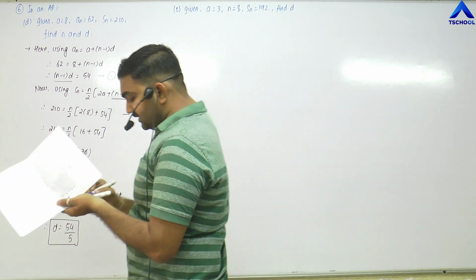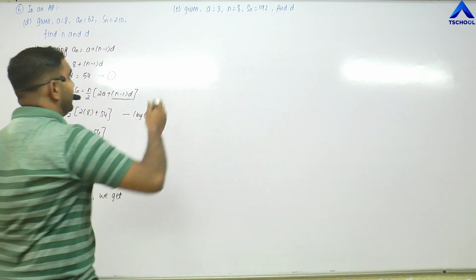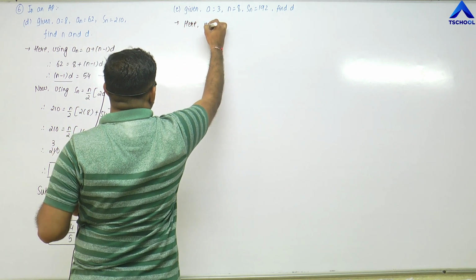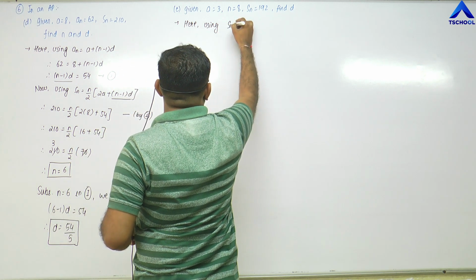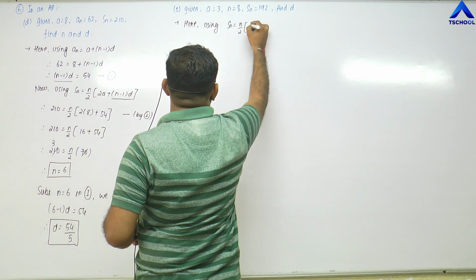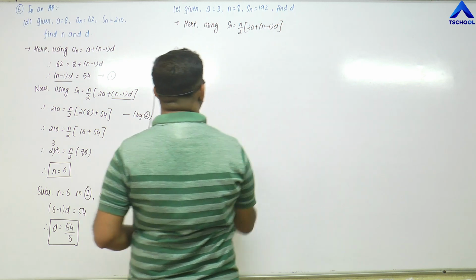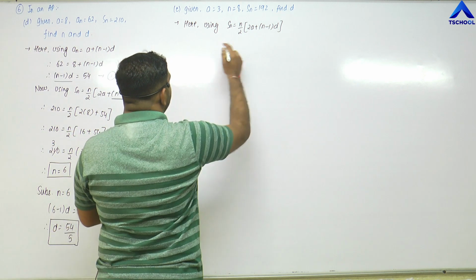We are only given Sn, we are not given an, we are not given anything. We just need to find out the value of d. So here, using Sn equals to n by 2 into 2a plus n minus 1 into d. We are having a, we are having n, and we are having Sn. We just don't have d.